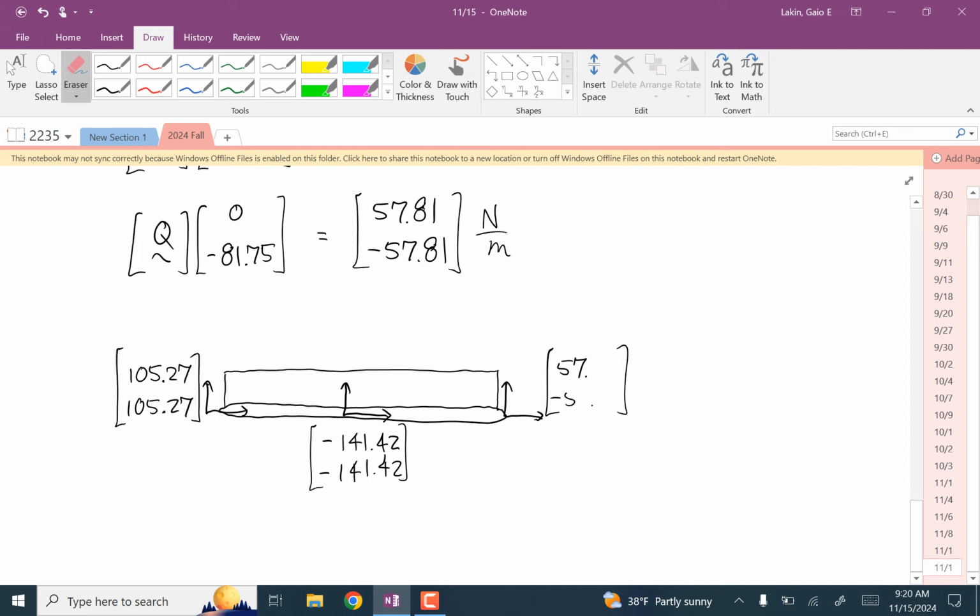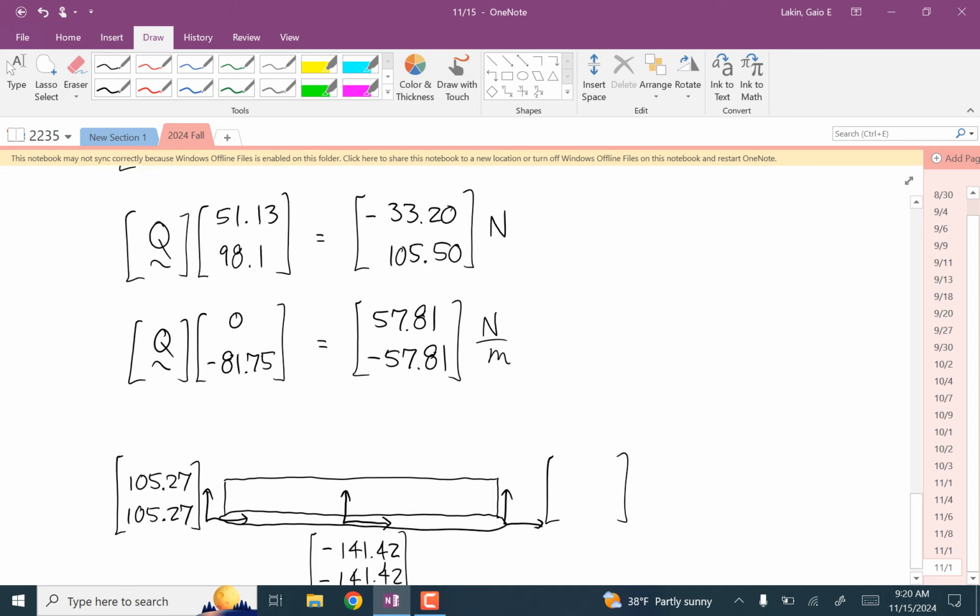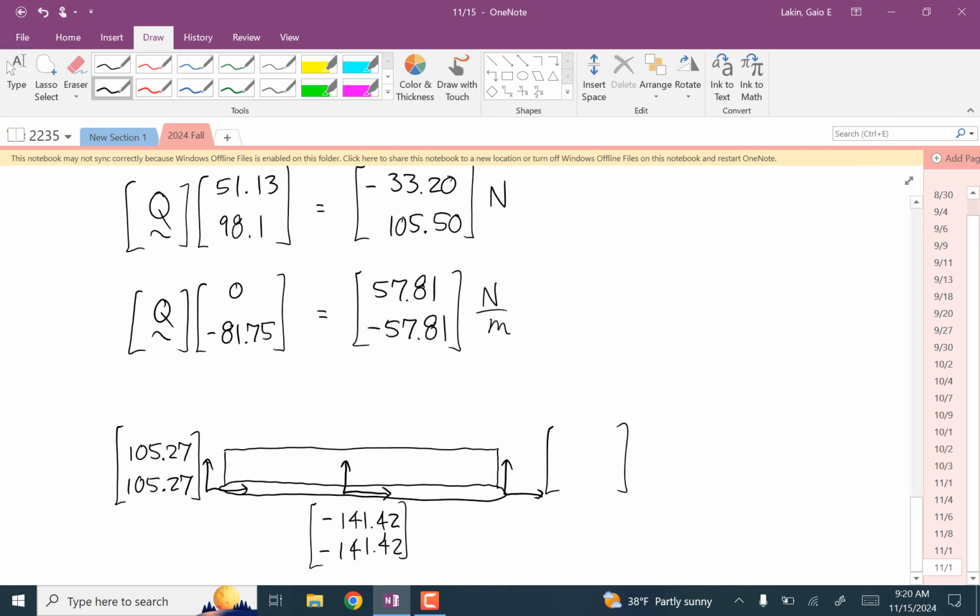This isn't going to come up, but this is the distributed load. The one we want at the end is the negative 33 point, what's that decimal? 0.21 and 105.52. Okay, 0.21 and 105.52. And now we're going to the two distributed loads.